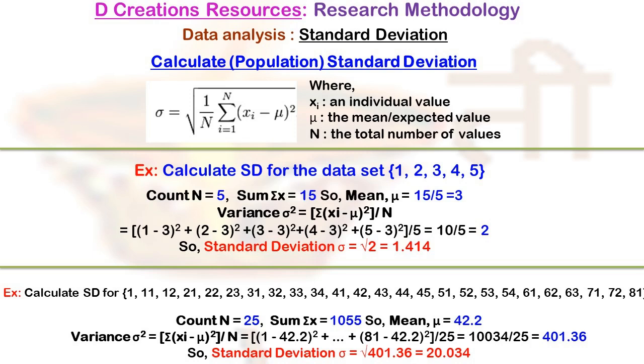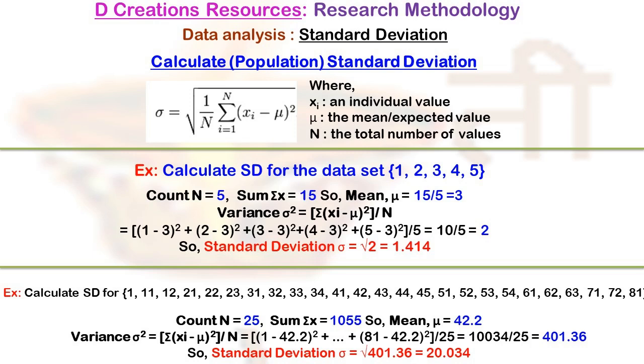So let us first evaluate the summation: (1 minus 3) whole square plus (2 minus 3) whole square plus (3 minus 3) whole square plus (4 minus 3) whole square plus (5 minus 3) whole square. It's very simple. 1 minus 3 whole square is minus 2 square, that is 4. Plus 2 minus 3 whole square is minus 1 square, which is 1.